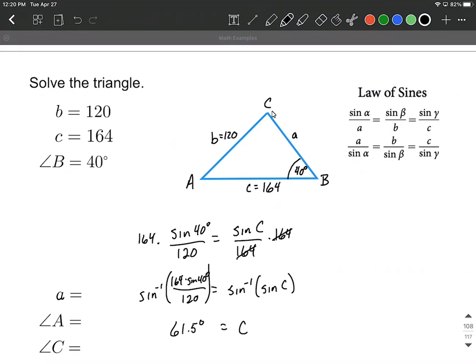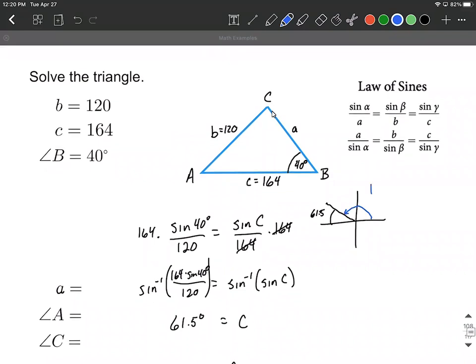All right. At this point, because we applied a sine inverse, we want to be careful that sine is positive in both the first and second quadrant. So I'm going to use that 61.5 as a reference angle in the second quadrant, and then calculate the angle that wraps around into the second quadrant by doing 180 degrees minus 61.5.